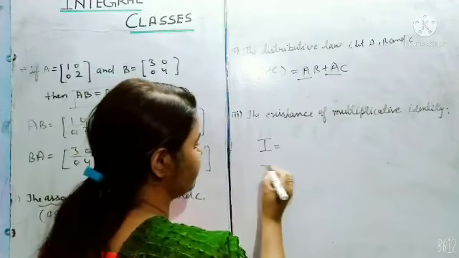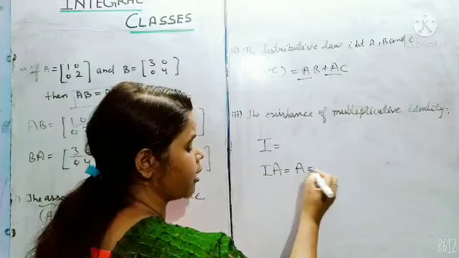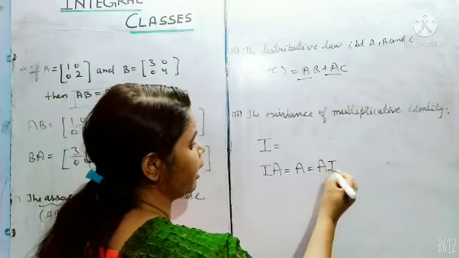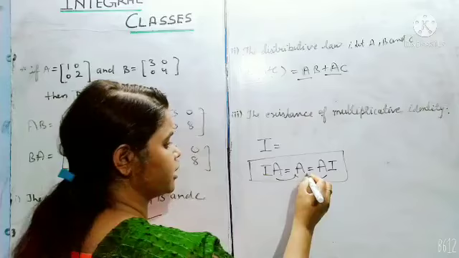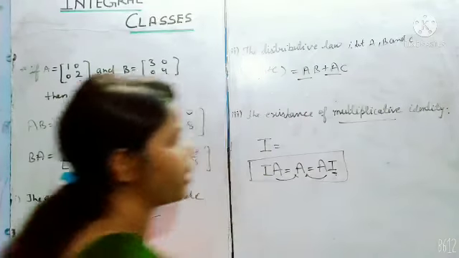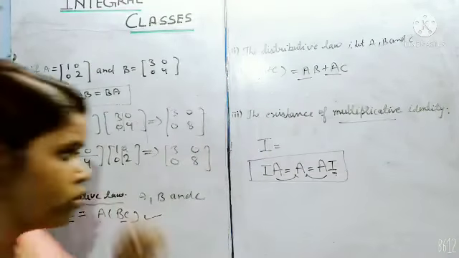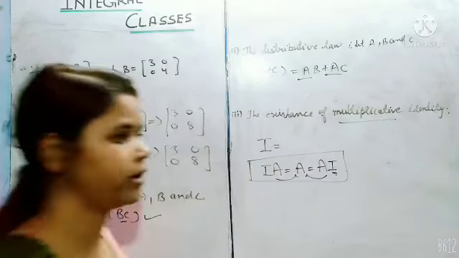Now we multiply I by A and we get A, and A multiplied by I also gives A. In both cases we get the same result. So I is the identity matrix for multiplication.